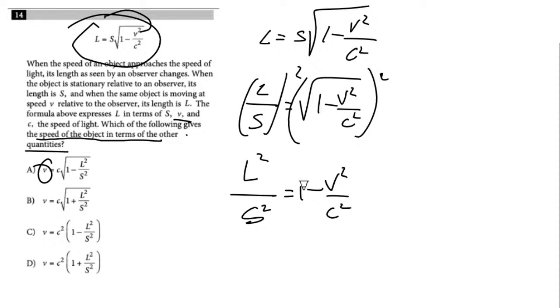So now I subtract 1 from both sides and I get L squared divided by s squared minus 1 equals minus v squared divided by c squared. Now I multiply both sides by minus 1.